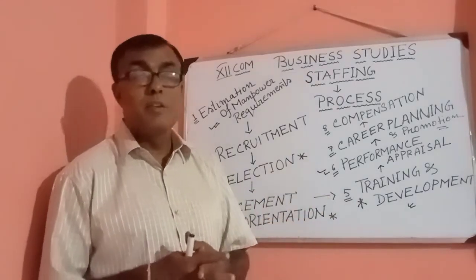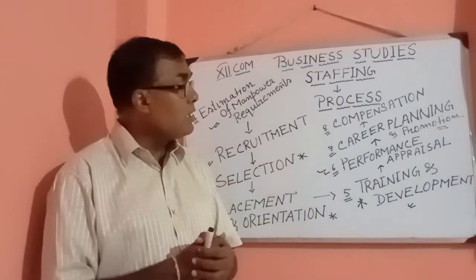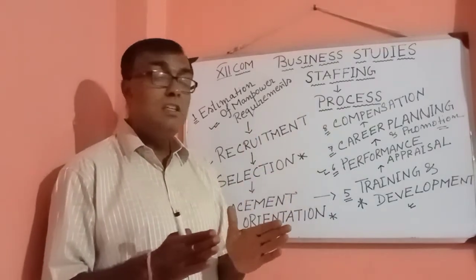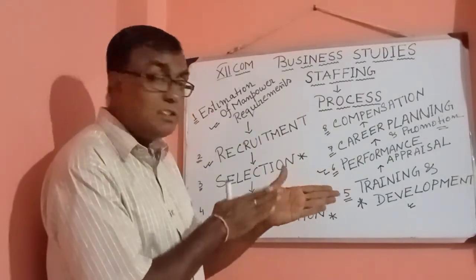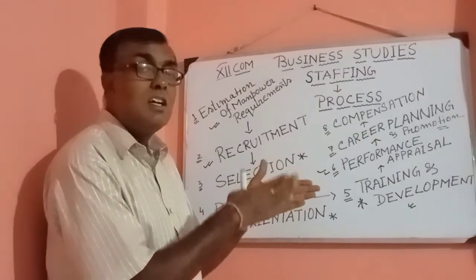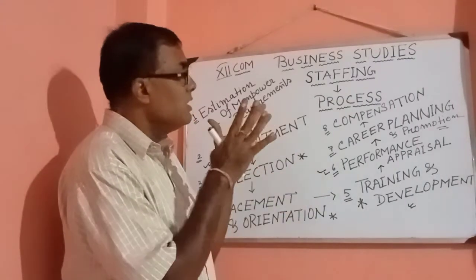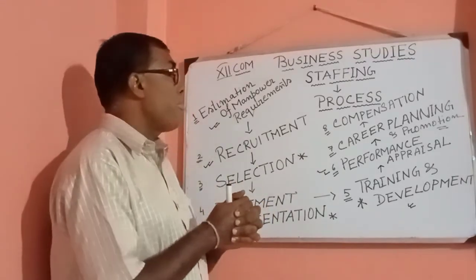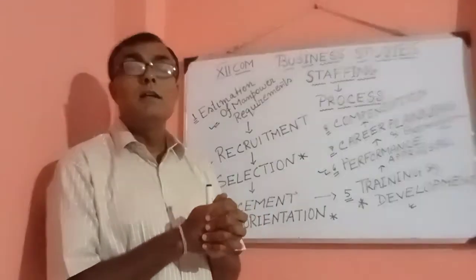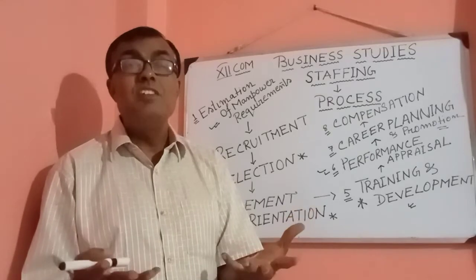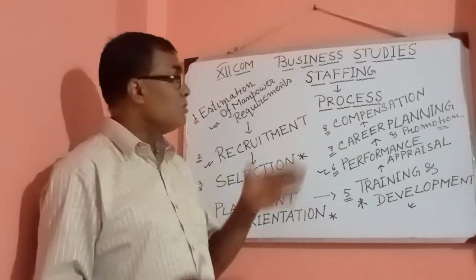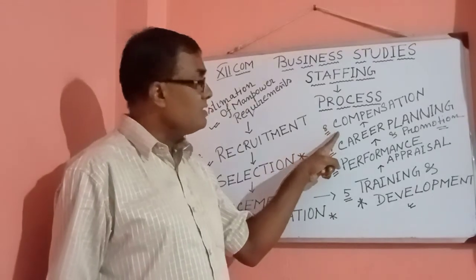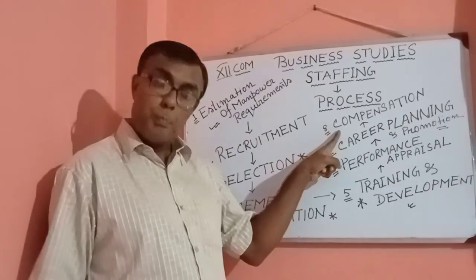Compensation here implies basically the wages, salaries, bonus, and any other perquisites given by the organization for the service rendered by them. So this is the last step of the staffing process, compensation.